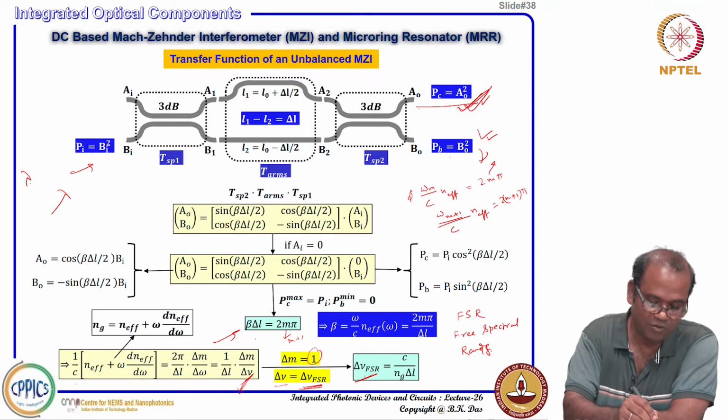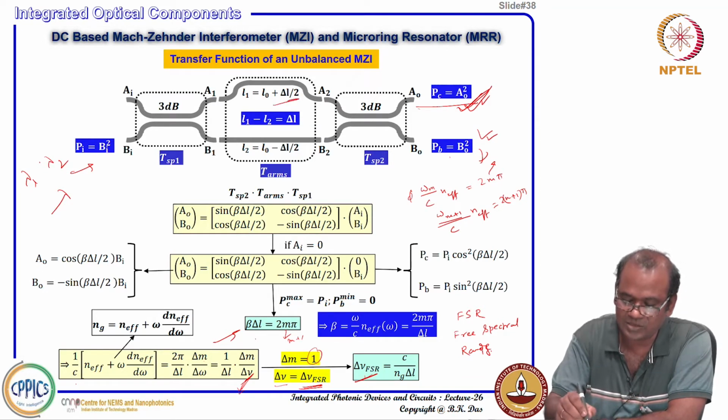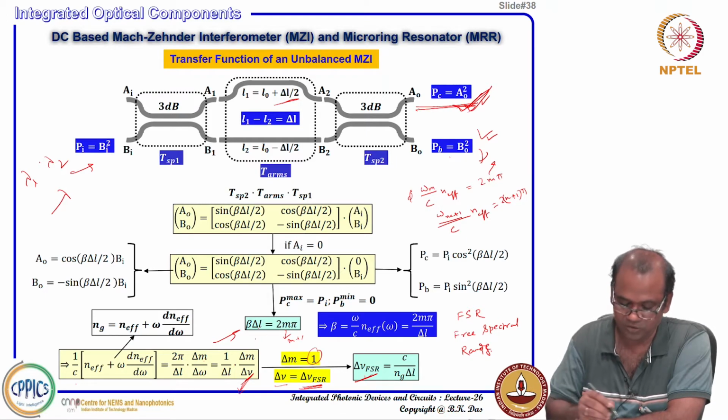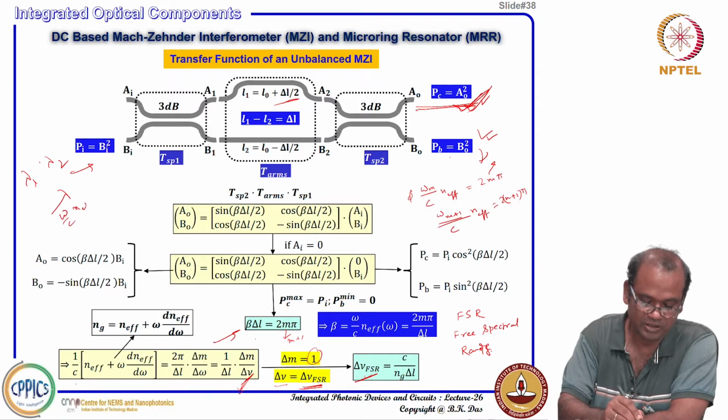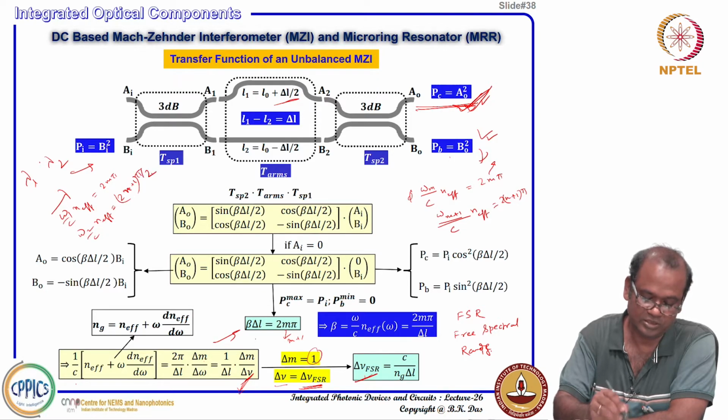If you have two wavelengths coming, lambda 1 and lambda 2, you adjust delta L such that one wavelength satisfies omega 1 by c n effective equal to 2m pi, and for another I can write omega 2 by c n effective equal to (2m plus 1) pi by 2. So, this is what you consider.